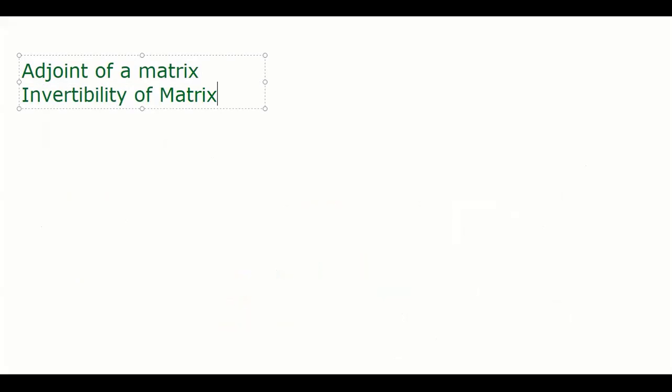Now, adjoint of a matrix, let me give an example. See, first of all, adjoint or inverse of a matrix exists only for a square matrix. Can anybody tell me why? Why do adjoint and inverse happen only for a square matrix? Anybody?